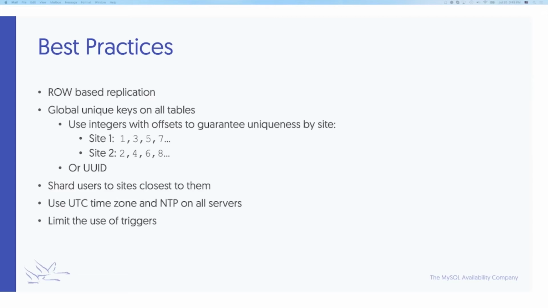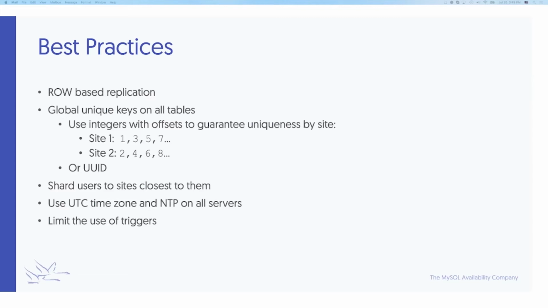And then a couple other points too is we want to synchronize the clocks on all the servers and use UTC time. And that's just kind of a given when we're deploying in a geo-distributed fashion. And also, it's desirable to limit the use of triggers.